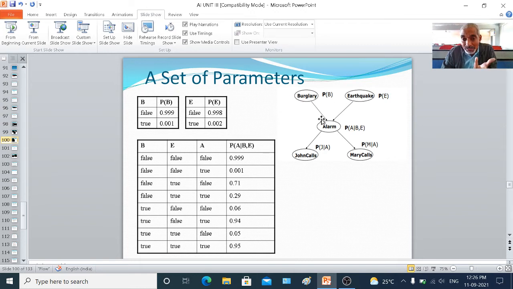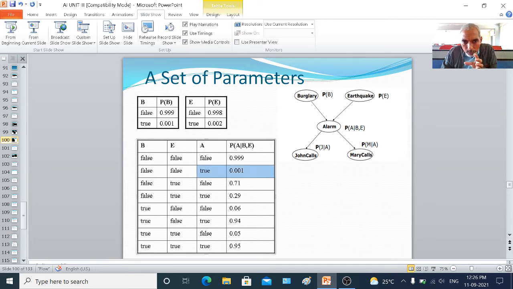Similarly, if there is an earthquake also, the alarm will ring. So now we talk of our conditional probabilities. That is given in this table. Here you have to just look at this true.